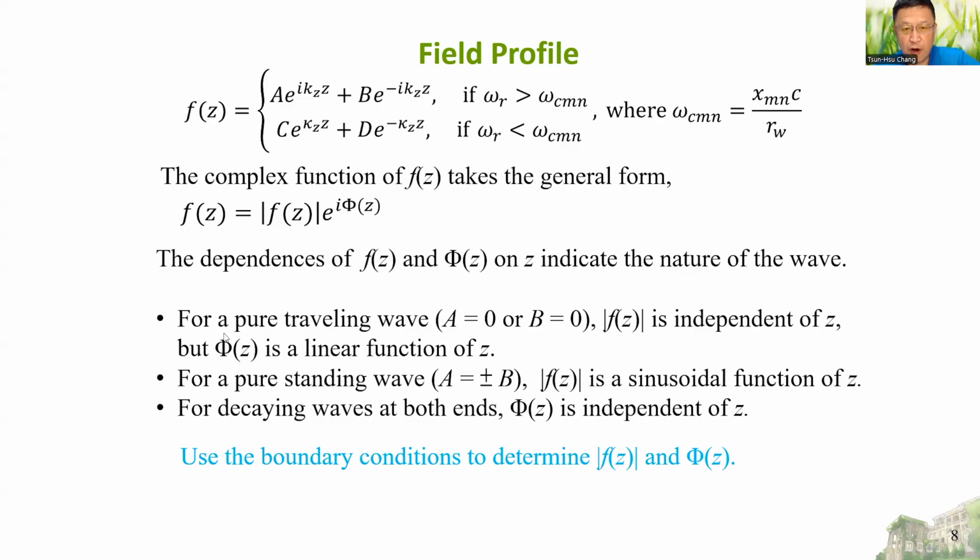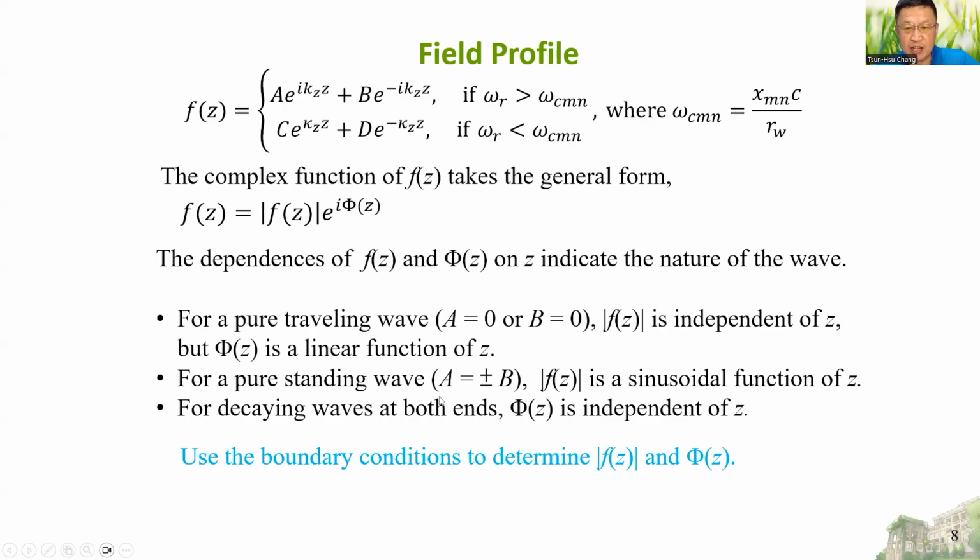For a pure traveling wave, A equals 0 with B non-zero, or B equals 0 with A non-zero, then f of z will be independent of z, and the phase part moves to phi. But phi is a linear function of z, k_z times z, or negative k_z times z. So for a traveling wave, A, B are the forward wave and backward wave.